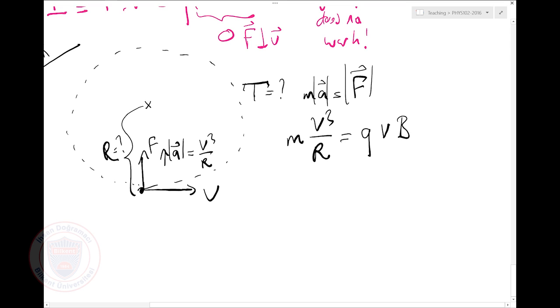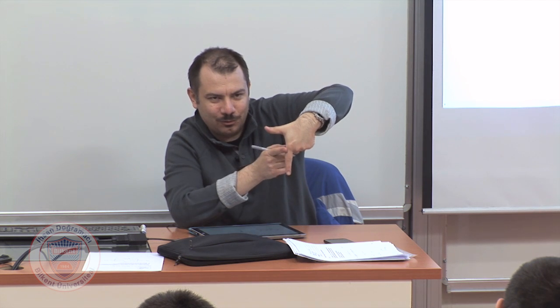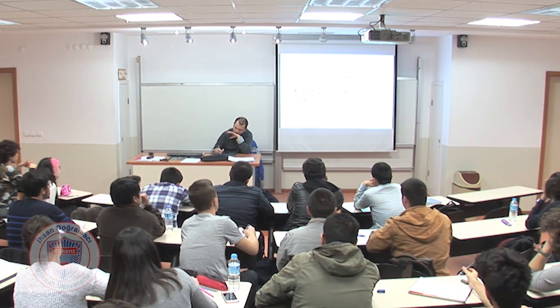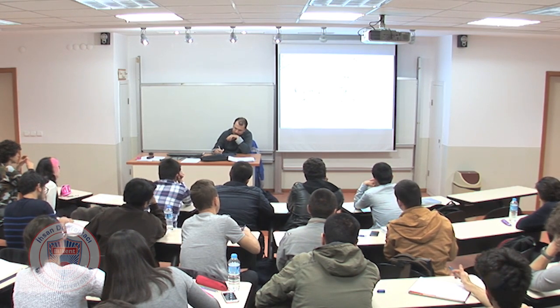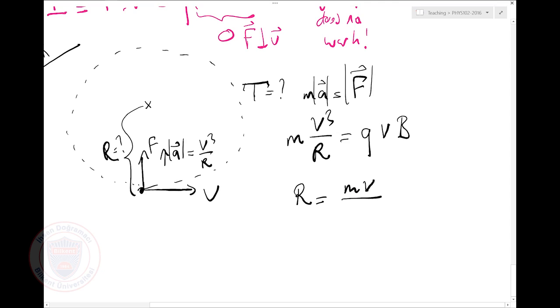Because v is in this plane, B is into the page, so they are perpendicular to each other. Cross product gives me just their magnitudes, right? So good. So the radius is m v over, 1 power of v cancelled, q times B.